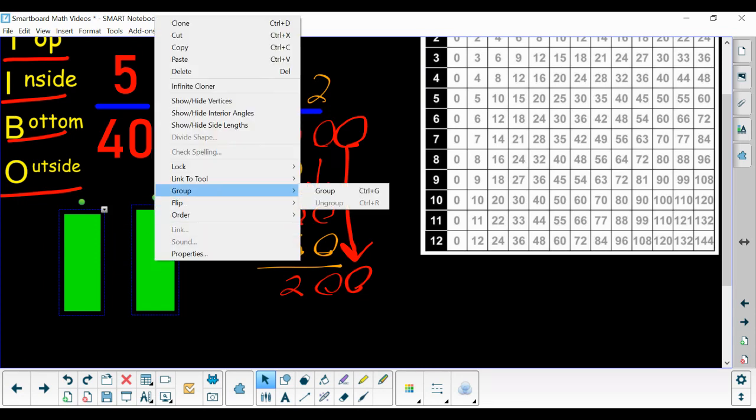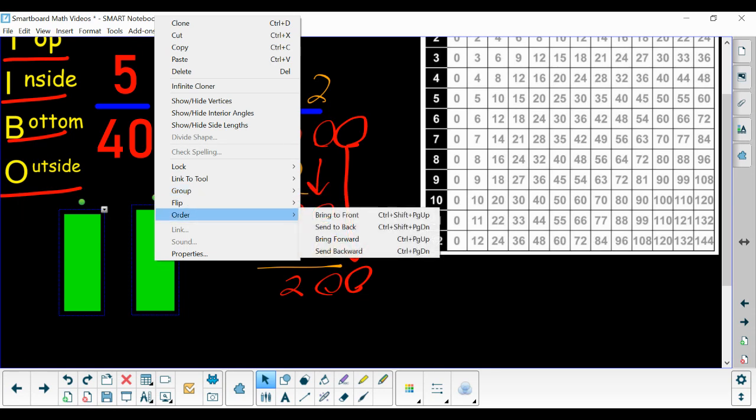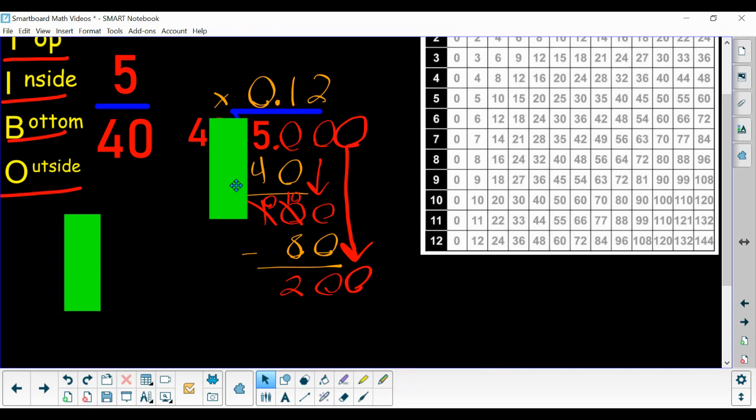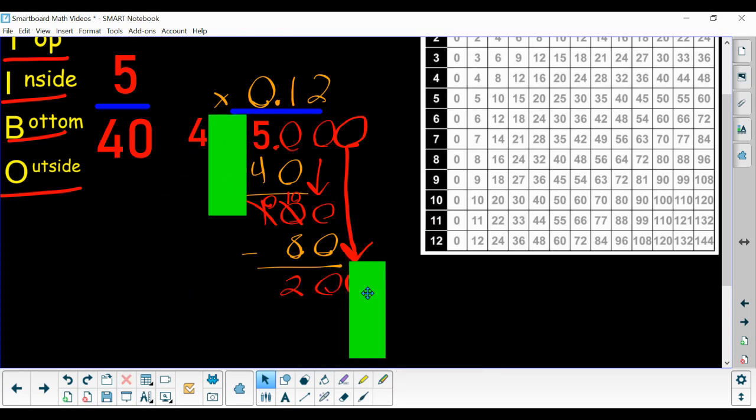Like I said, pretend this is your fingers. I know your fingers aren't green, but use your imagination. So cover up this one and this one. And now it looks like we have, instead of 40 and 200, 20 and 4. That's much easier to figure out.